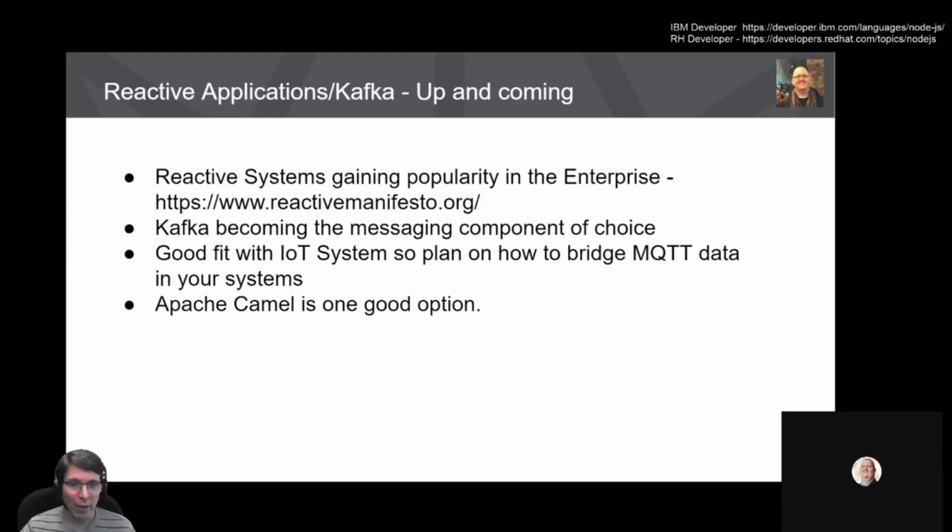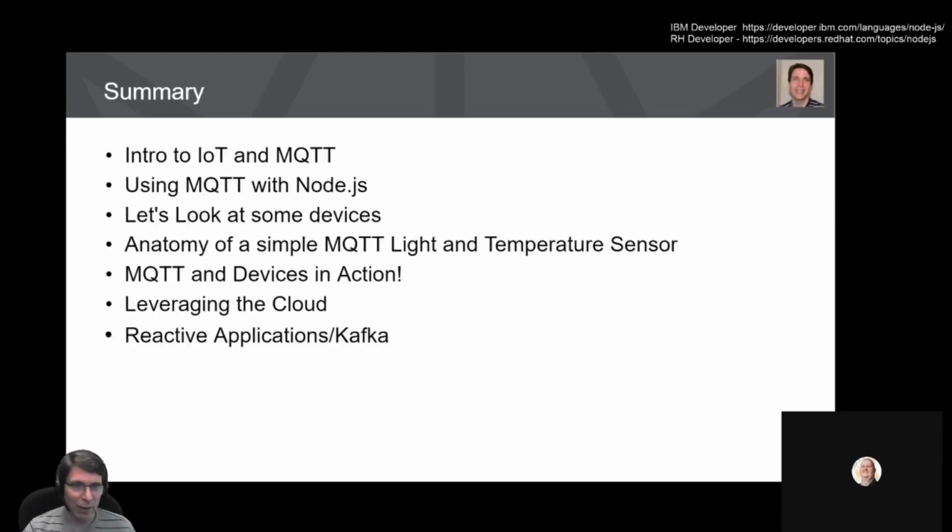I think that's all the time that we have today. We hope you enjoyed this whirlwind introduction to what IoT is, what it looks like in terms of devices that you could build and experiment with, and how you use MQTT with Node.js, and how it's such a great fit, because IoT is all about asynchronous events, and Node fits really nicely with that.